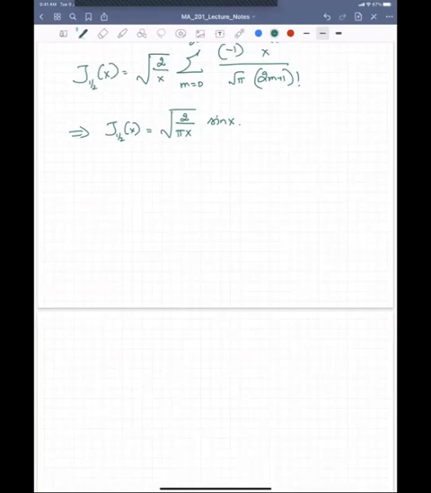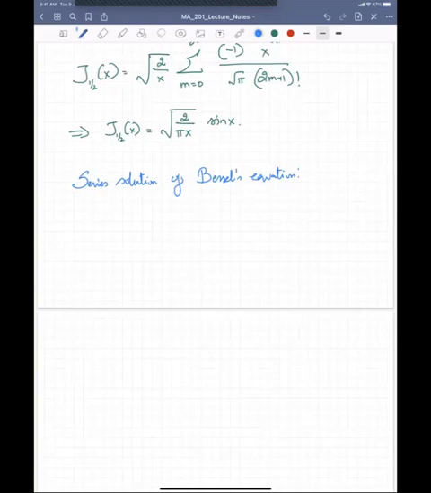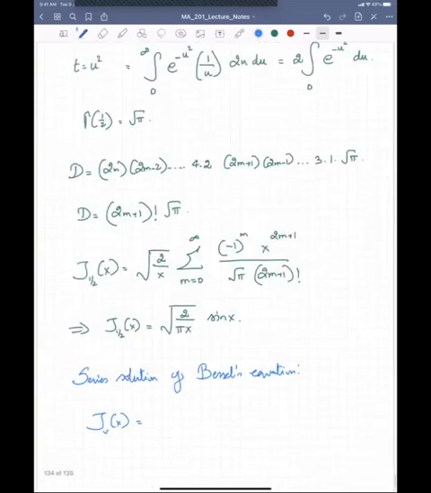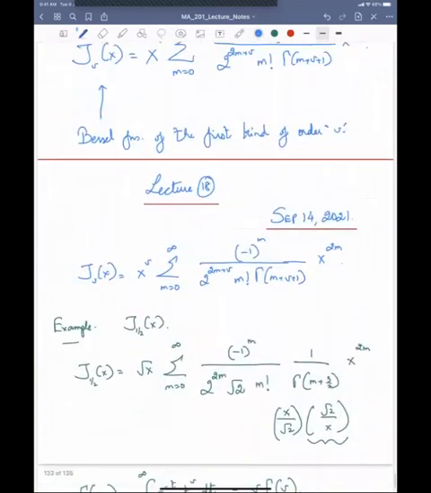So the series solution of Bessel's equation is basically now given by J nu and J minus nu. Of course, we have to go through all these steps for r equals minus nu, but we don't need to do that because we know what J nu of x is, right? We just figured it out right here.